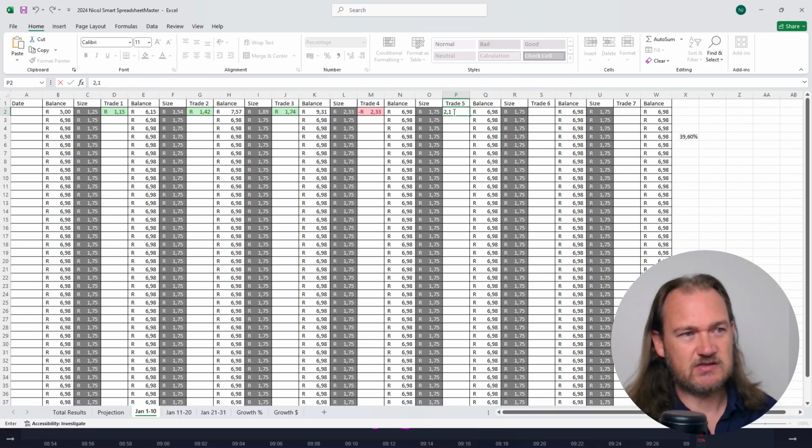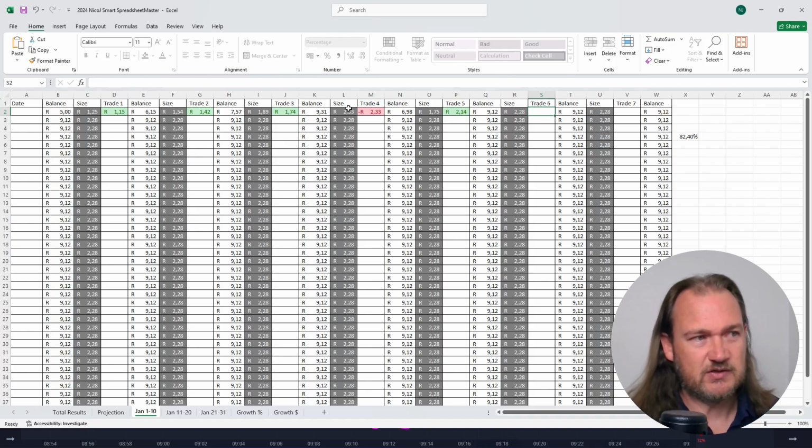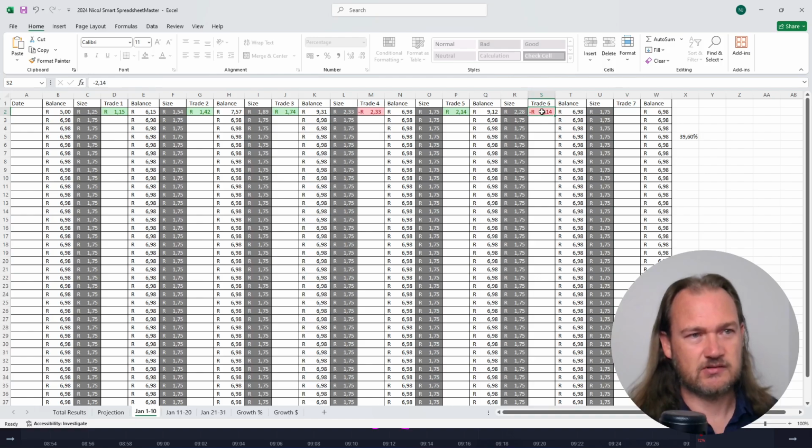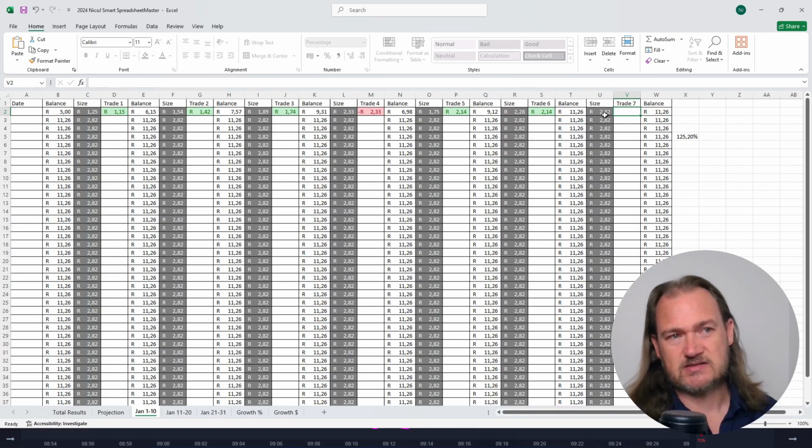Now suppose I win this, we get a payout of 2.14, but you'll see my trade size is still not the biggest it has been, because before I lost the trade it was 2.33. So my next trade will also be for 2.33. And if I win this again, now my trade size goes up.